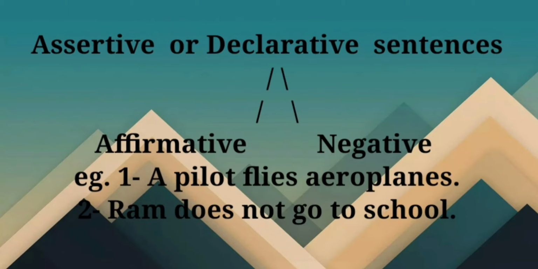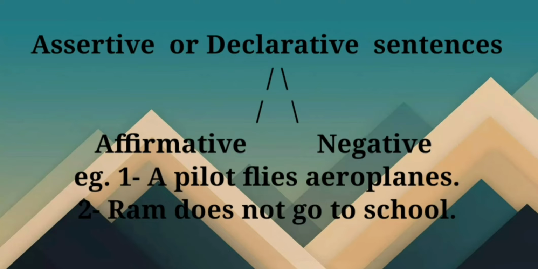First are assertive or declarative sentences. Sentences which declare something are called assertive sentences. We further divide assertive sentences into 2 parts, affirmative assertive sentence and negative assertive sentence. Here are examples.